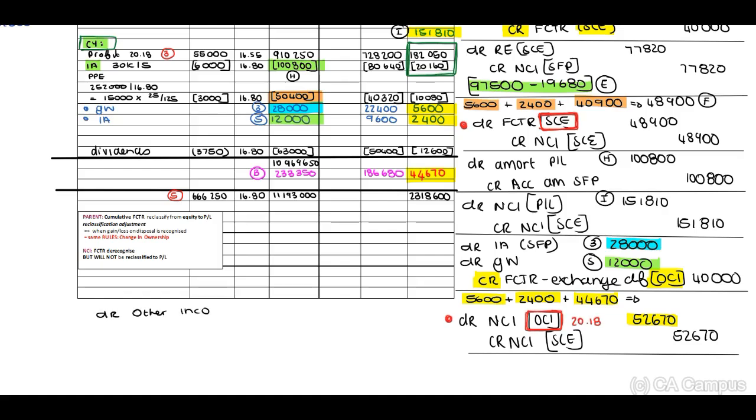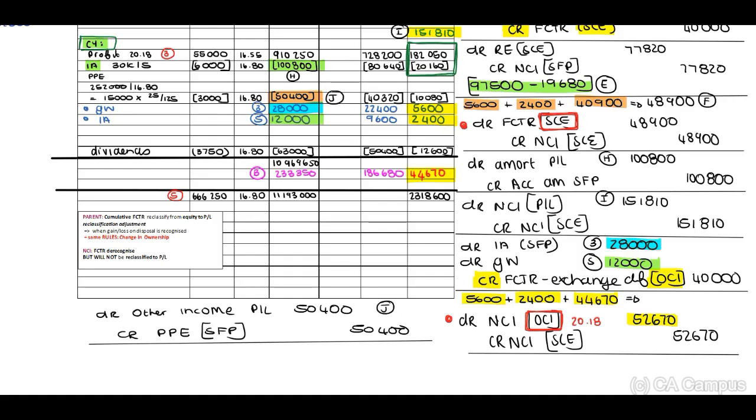Other income decrease on the debit side of our profit or loss with the 50,400. And we need to credit our PPE. You need to write this out. Statement of financial position with the 50,400. Then again, guys, we need to reference this. Let's call this J and J for our marker to be able to follow.